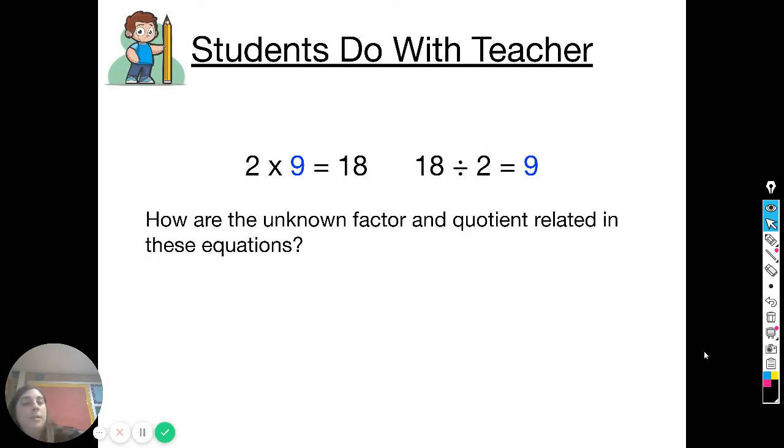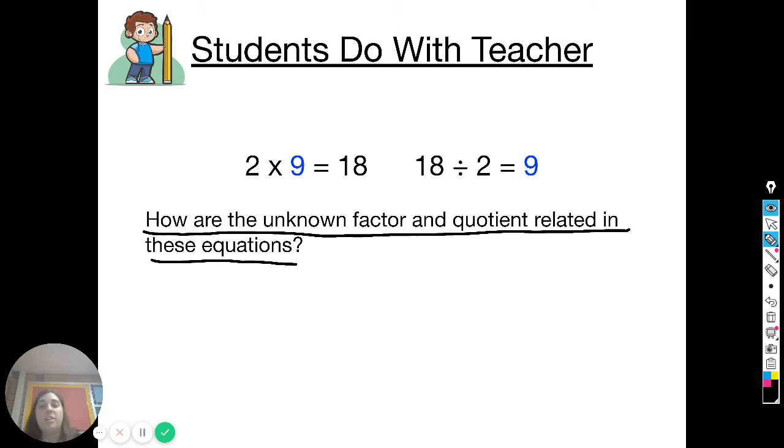How are the unknown factor and the quotient related in those equations? This is the same thing we talked about last time.